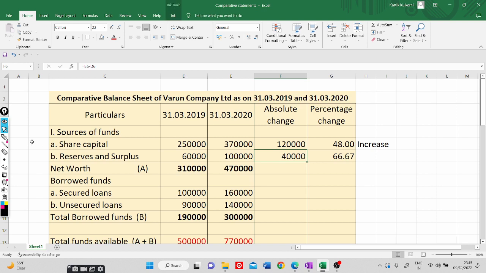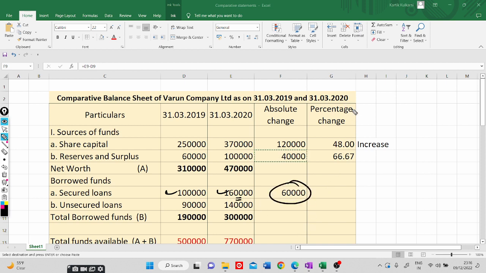You can see the secured loans from 1 lakh to 1,60,000, that is 40,000 increase. Again, sorry, it is 60,000, I am sorry. 1 lakh has been changed to 1,60,000, which is an increase of 60,000.